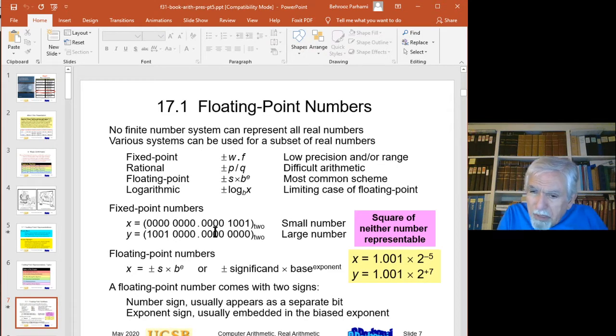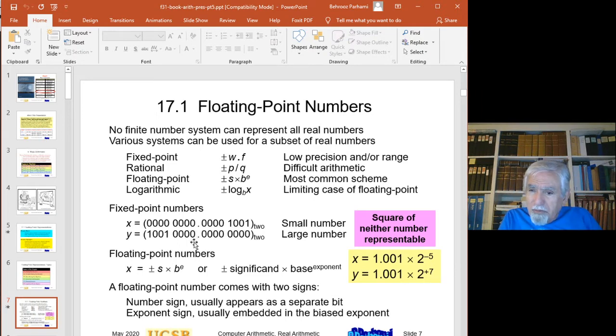Now, fixed point numbers, as I said, have a certain number of bits for the whole part and a certain number of bits for the fractional part. In this example format, I'm using 8 bits for each of those, 8 bits for the whole part, 8 bits for the fractional part. So this first number, x, is a fairly small number because the whole part is 0 and the fractional part is relatively small.